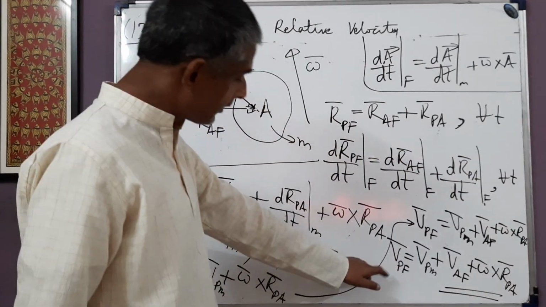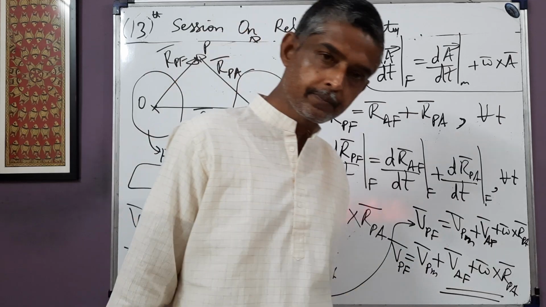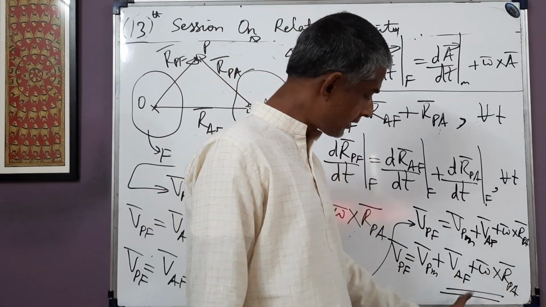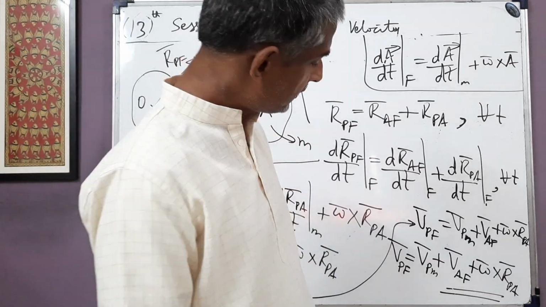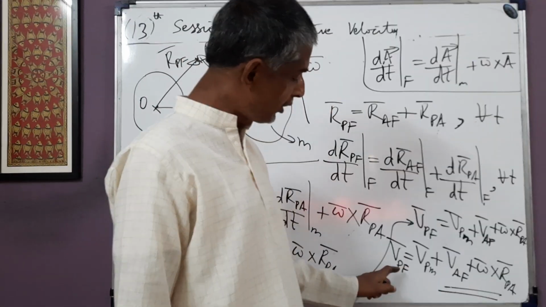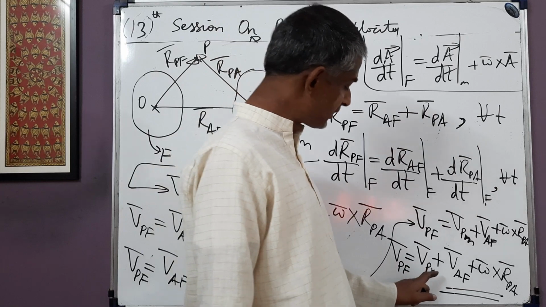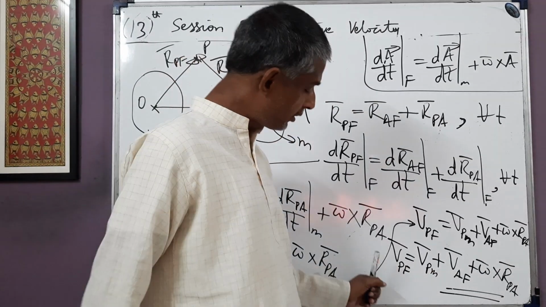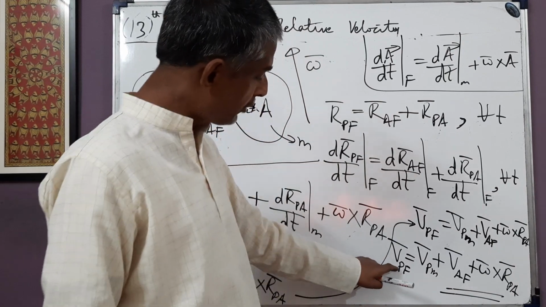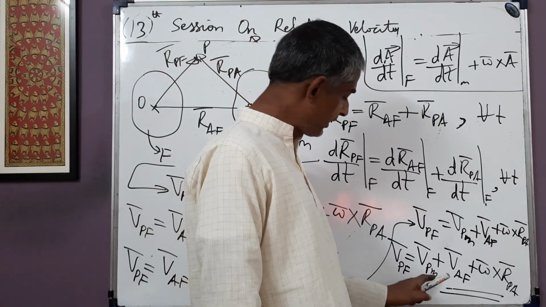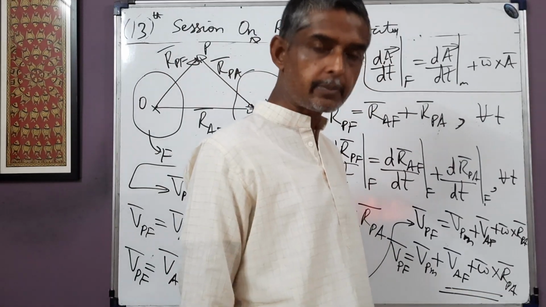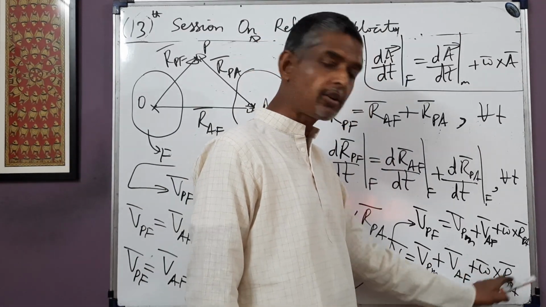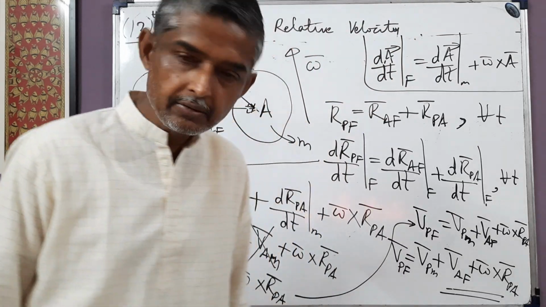Okay. So this is the relation between vPF and vPM. So this is the relation between velocity of a point P as seen from two frames M and F which are in mutual rotation. Expression for the relationship between velocities of point P between two frames F and M which are in relative rotation with respect to each other. So vPF is equal to vPM plus vAF plus omega cross rPA. Fine, alright.